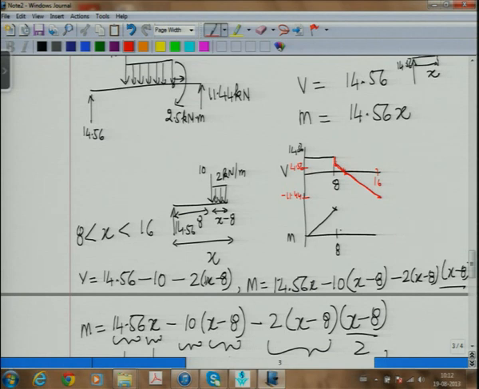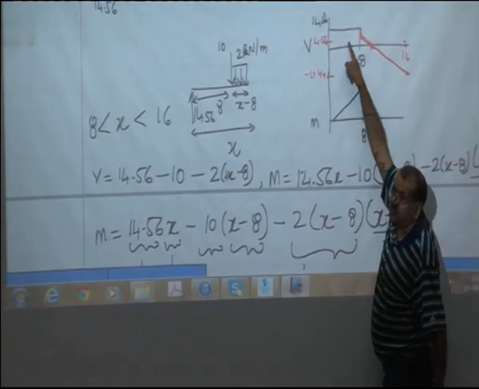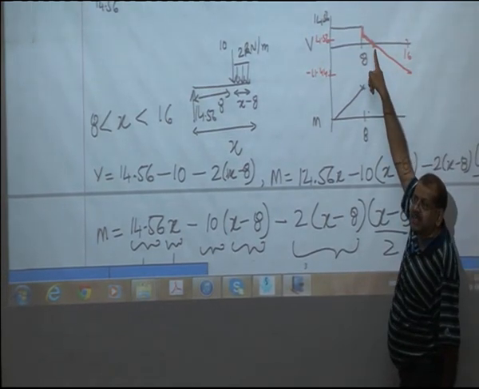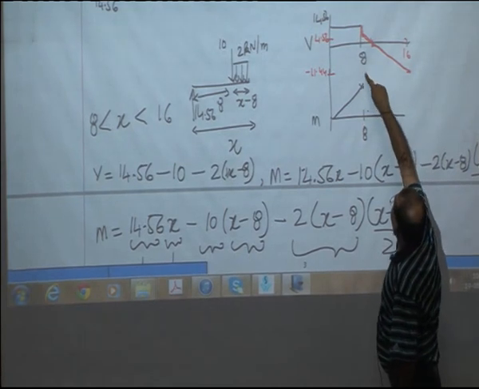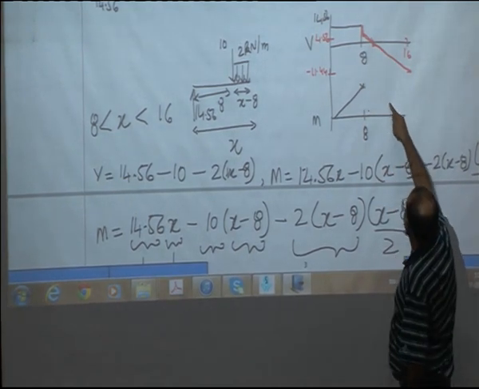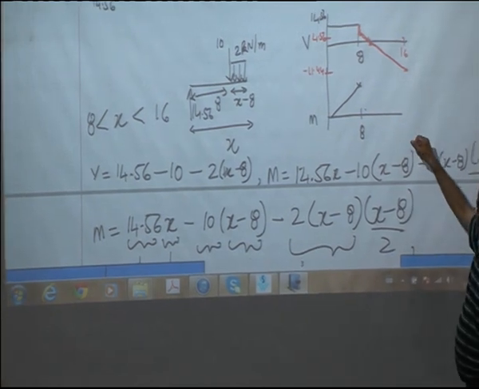For its nature, you will know that at this point the bending moment should become maximum. It will increase till this point because the area is increasing, and then we have a negative area after this point. So till this point you will have a quadratic curve which increases, and after this it will start decreasing.